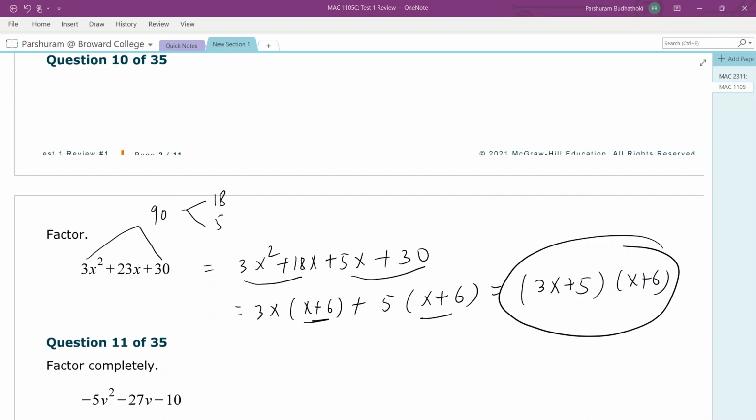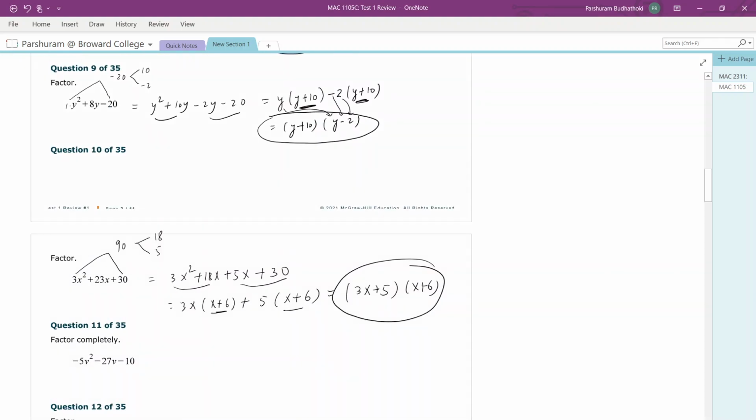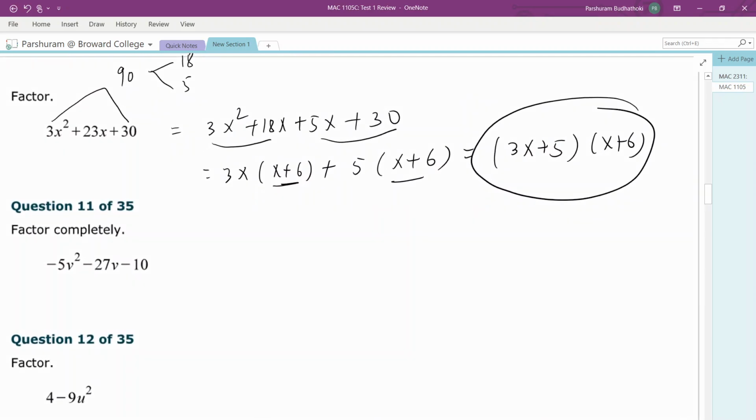Okay, so now let's go back here for problem 11. Problem 11 is again, factor completely. Negative 5 times negative 10 is positive 50, and you can find the factors of positive 50, which are 25 times 2, or negative 25 times negative 2, and the sum of negative 25 and negative 2 is negative 27.